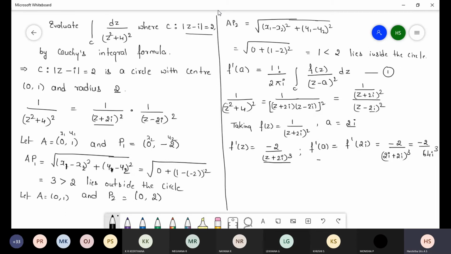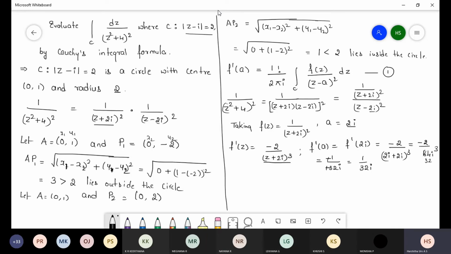So 2 1s are 2, 32s are 64. So I will write 1 by 32, because i square is minus 1. Remaining I write here only, so minus minus will get cancelled. Remaining will be 32i. I cube I split as i square into i, and i square value we all know is minus 1, so minus and minus will get cancelled.